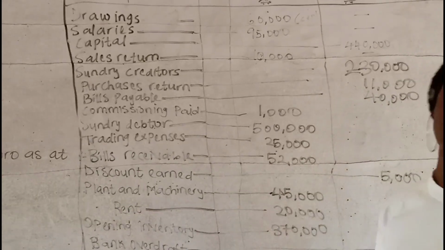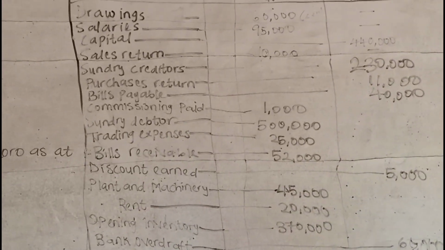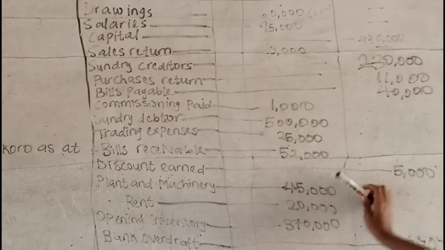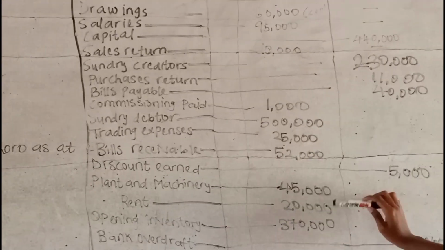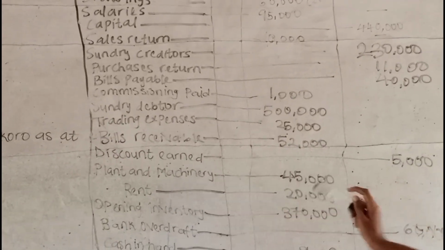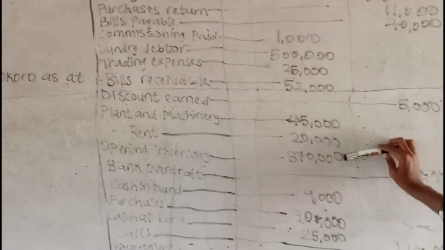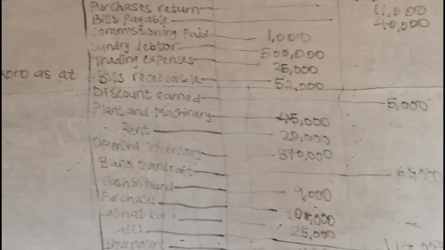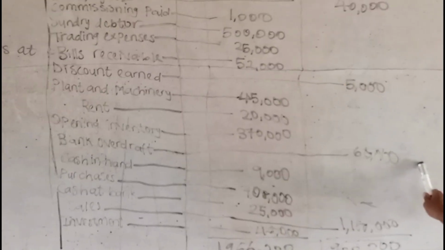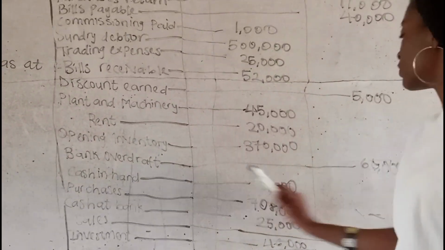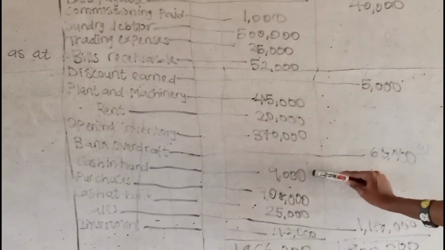Your plant and machinery, which is an asset, 45,000 naira. Your rent, also an expense, 20,000 naira. Your opening inventory, 370,000. Bank overdraft is 6,000. Cash in hand, you have 9,000 naira.